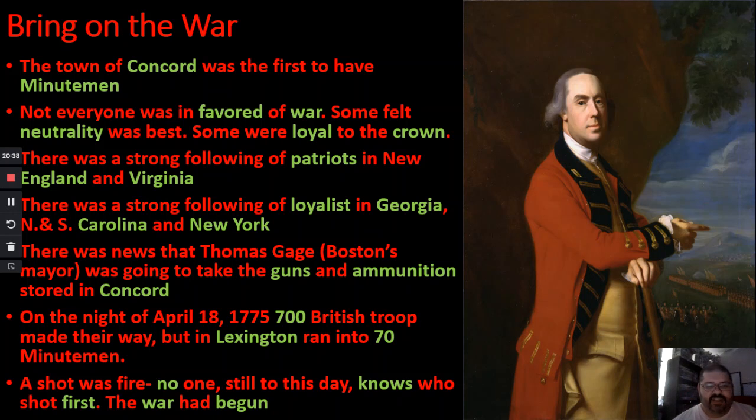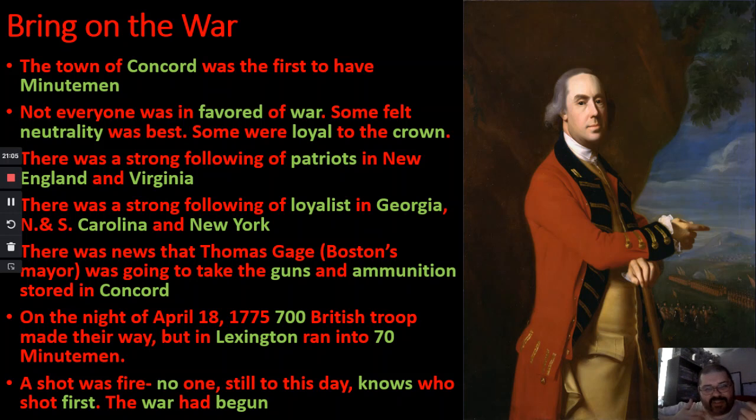So on the night of April 18th, 1775, 700 troops make their way towards Concord. But in the town of Lexington, which is pretty close to Concord, there were 70 Minutemen waiting for them. The British lined up, drew their guns, and then just sat there.